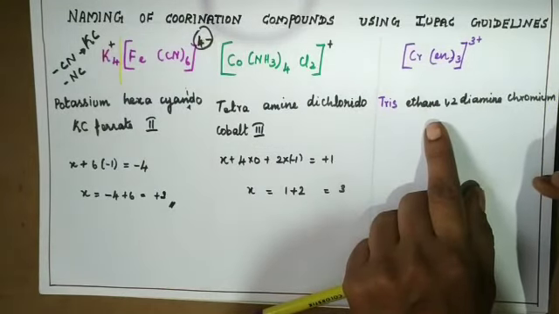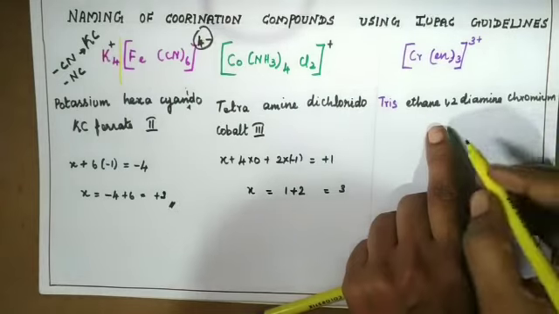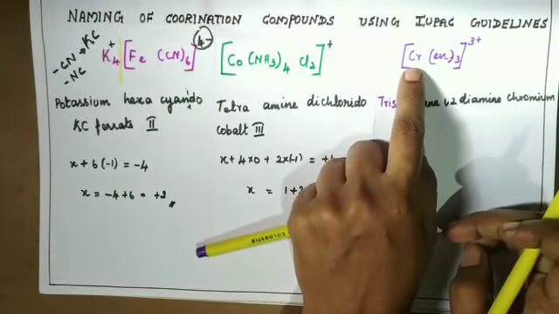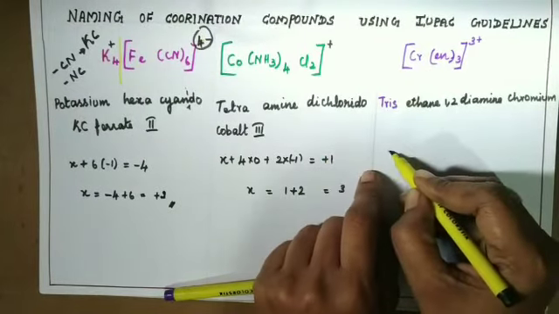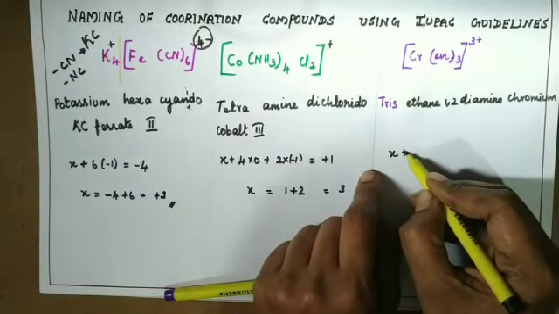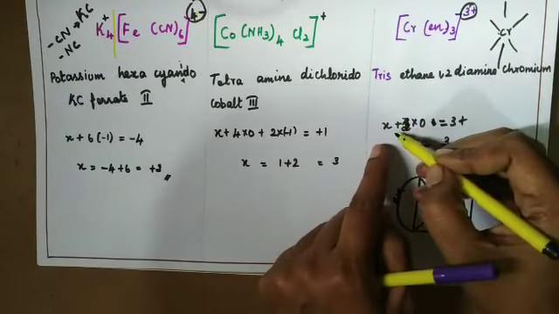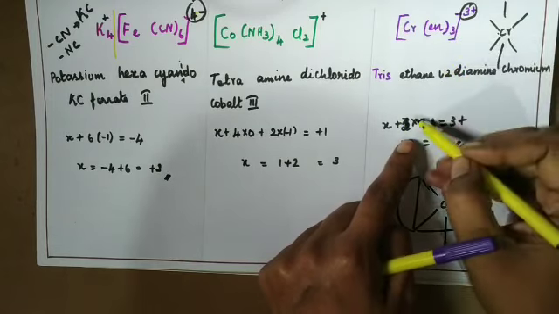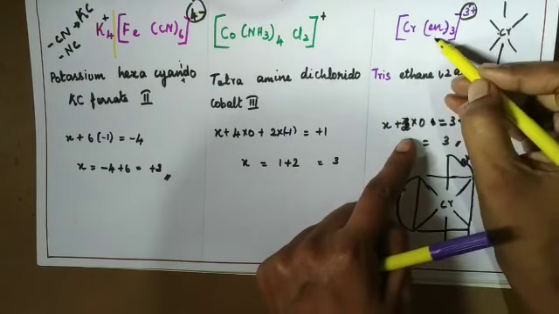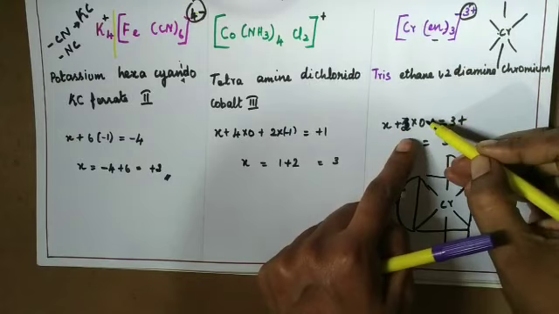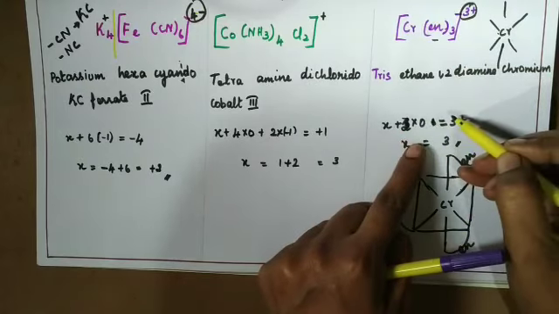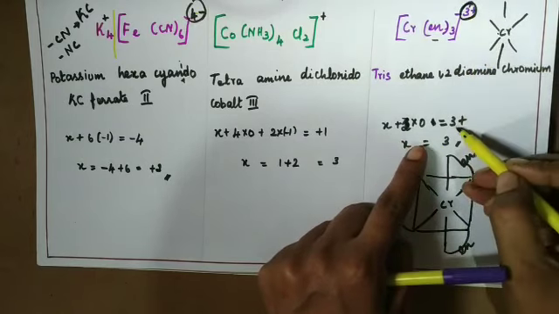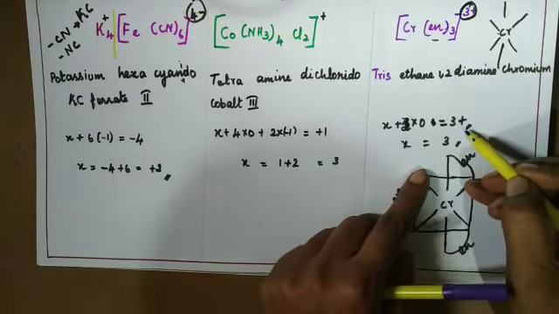Next one is the oxidation number. The oxidation number of chromium is unknown, so we write x. Chromium x plus 3 into ethylenediamine, which is a neutral ligand with value 0, equals the charge +3.